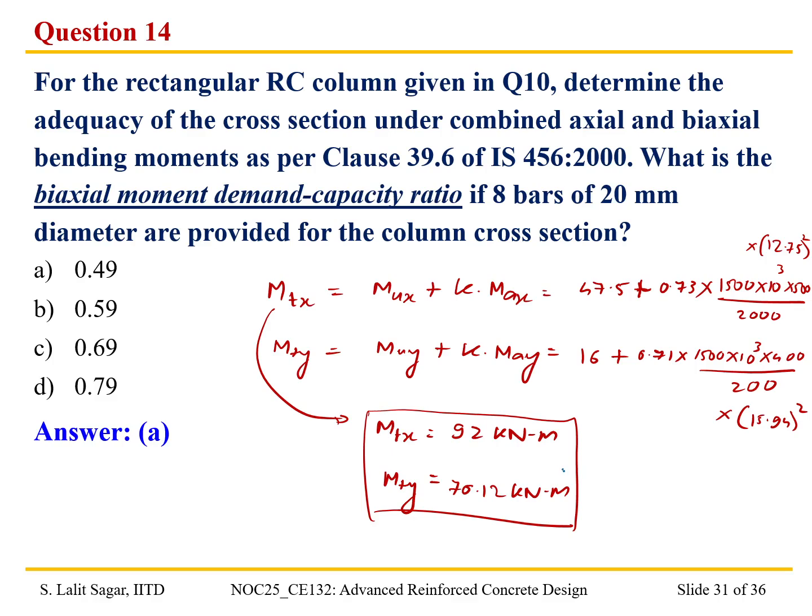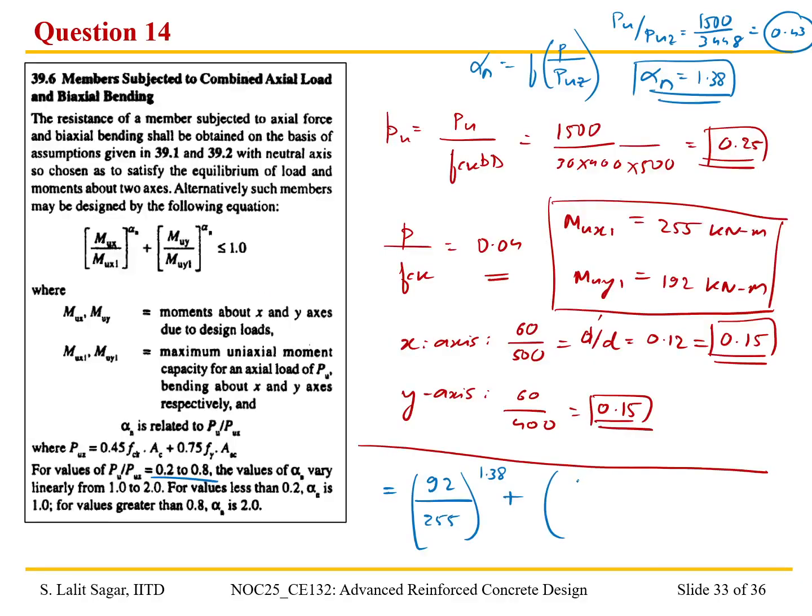MUY is 70.12, divided by the capacity about Y, 192, raised to the power 1.38, and the biaxial moment demand to capacity ratio turns out to be 0.49. So it is very much less than 1.